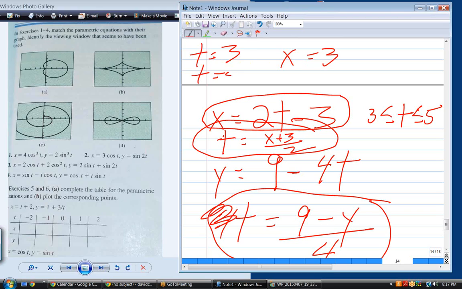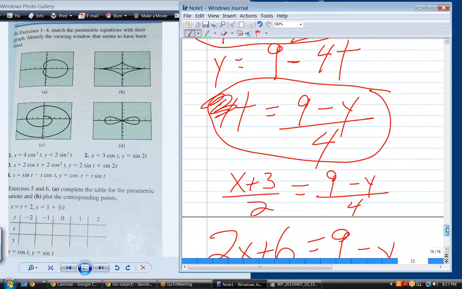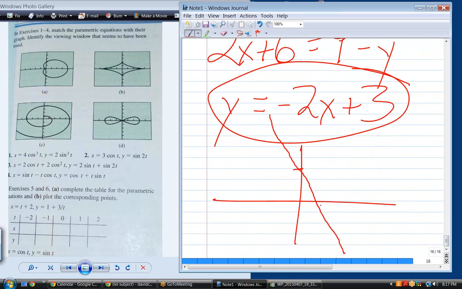When t is 5, you have an x of 7. So our line only goes from 3 to 7. In other words, if this is 3 over here and this is 7, we're only looking at the part of the line from there down to here.